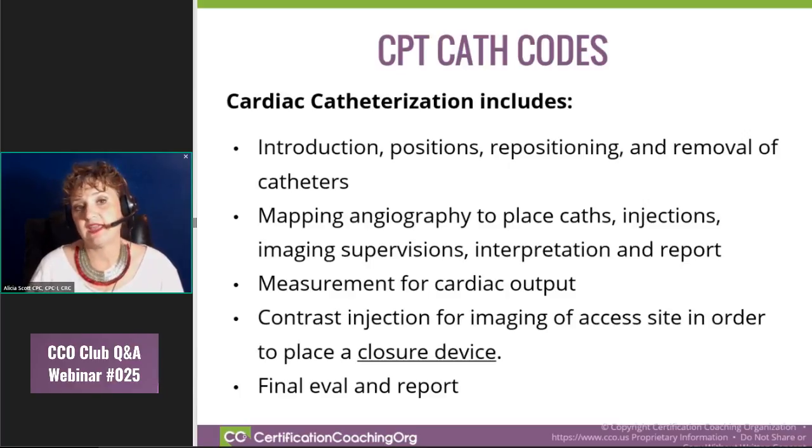Now, another thing that they do with cardiac caths that I think a lot of people don't think about, at least it was never on the top of my mind, because when I think of a cardiac cath, I think, oh, they're going in to see if there's blockage, and if there's blockage, then they're going to just go ahead and take care of that blockage, whether they roto-rooter it out or they put a little stent in, whatever. But for the most part, one of the things they do is they measure the cardiac output.